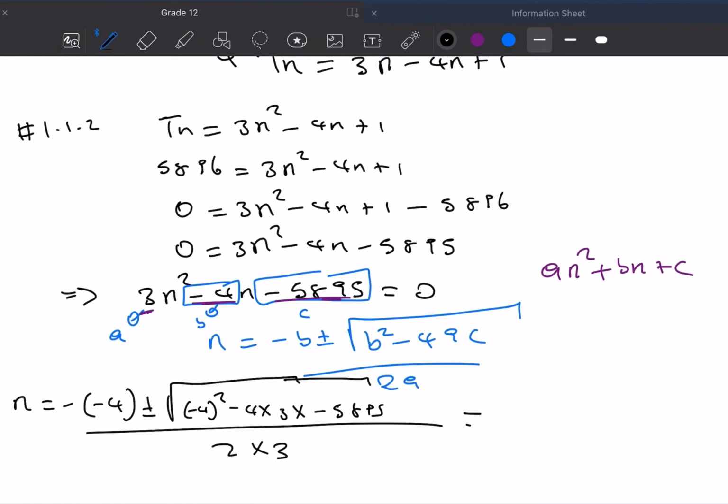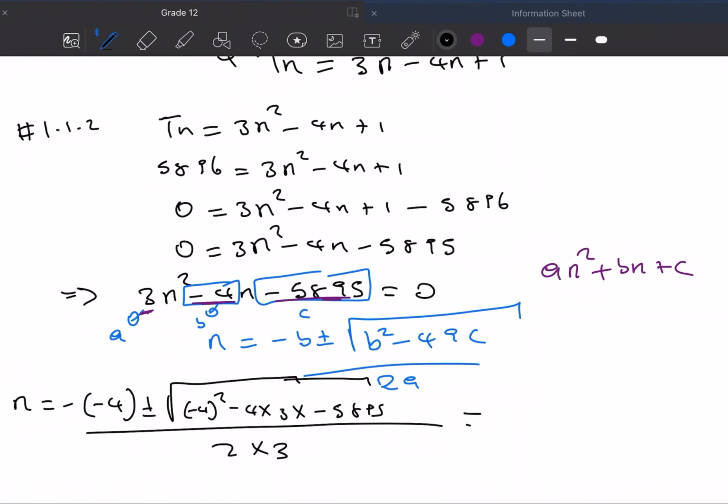And then you can punch this in your calculator the way it is, but instead of writing plus or minus, you can start with the plus and get your answer, and follow with the minus and get your answer. You're going to have 2 answers here. So you have minus minus 4 plus minus 4 squared. Punch it the way it is and calculate the way you see it.